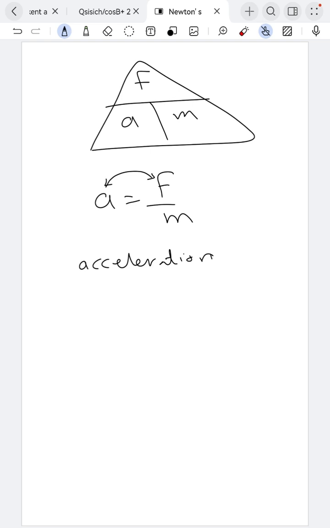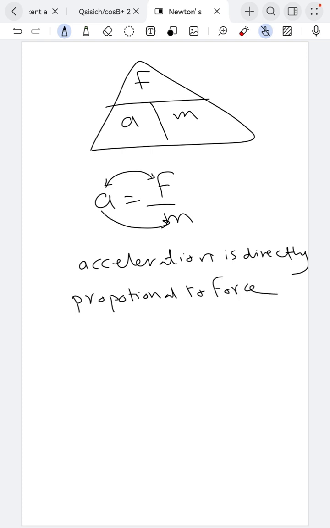So I can say acceleration is directly proportional to what? To force. What about acceleration and the mass? It's inversely proportional. Inversely means it's opposite.